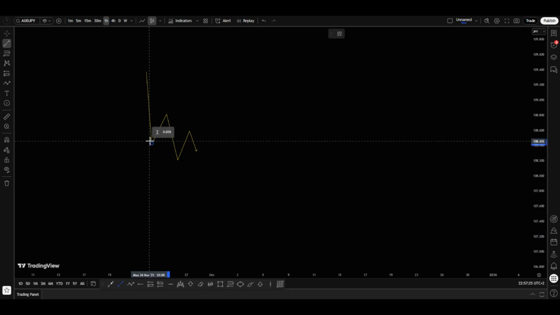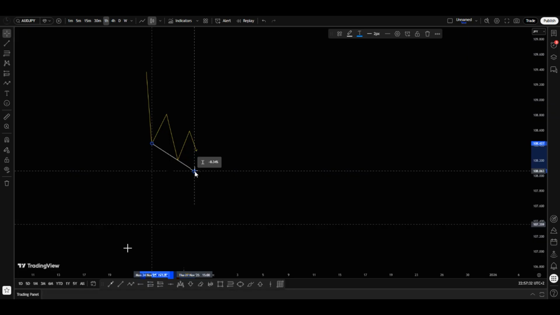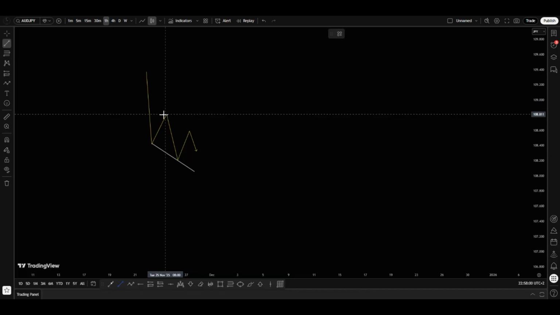This one is the supporting trend line. Then you construct the resisting trend line on your 2 recent high points. Here it was the 2 recent low points, now we're connecting the 2 recent high points, here and here.